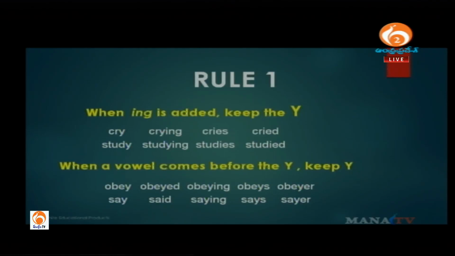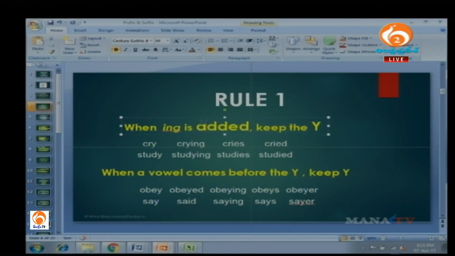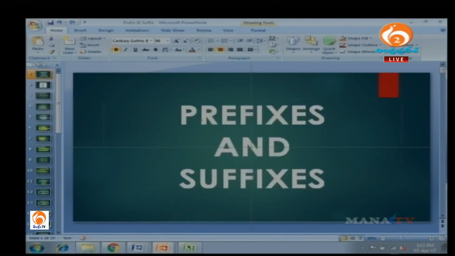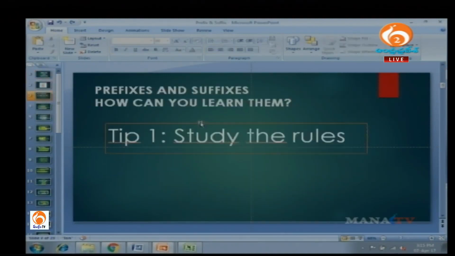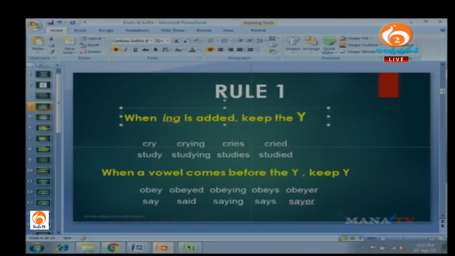Let me increase the font size so that it's clearly visible to all of you. This is just to ensure that when you guys are watching the program on a different format, it's visible.